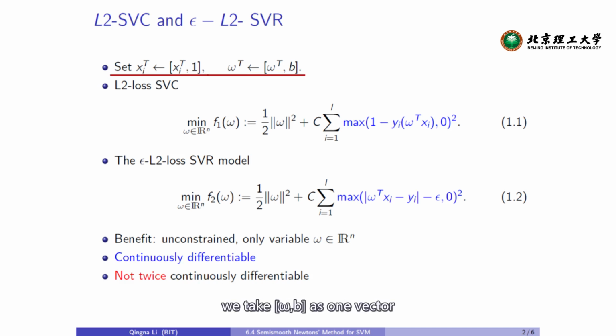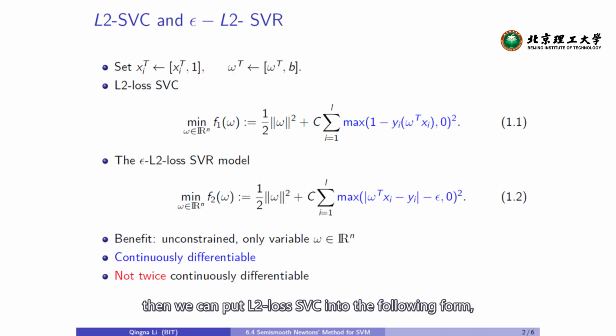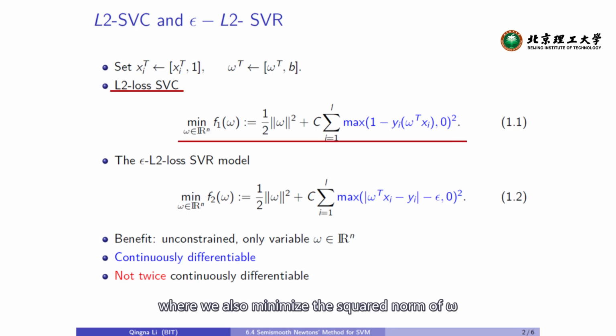In other words, we take (omega, b) as one vector and we solve the problem. By doing this transformation, we can put L2 loss SVC into the following form, where we minimize the squared norm of omega and also a loss function, the L2 loss function.